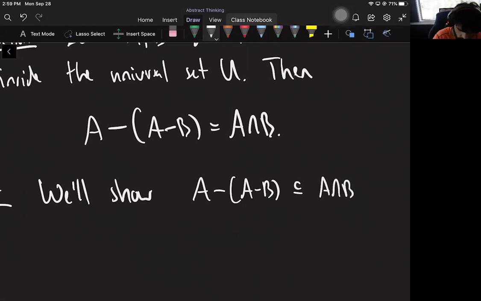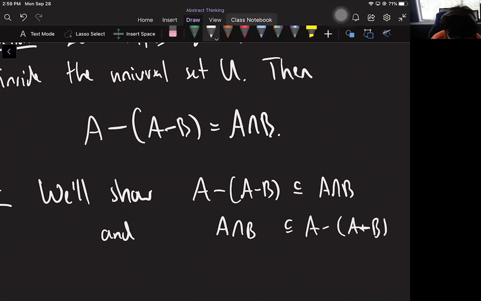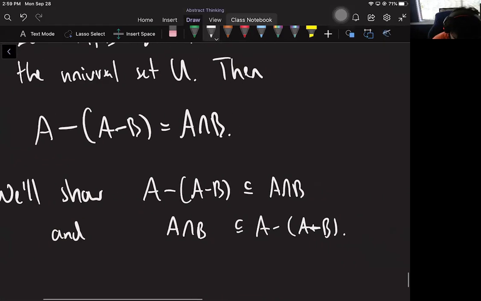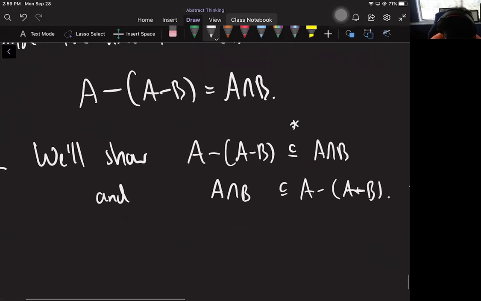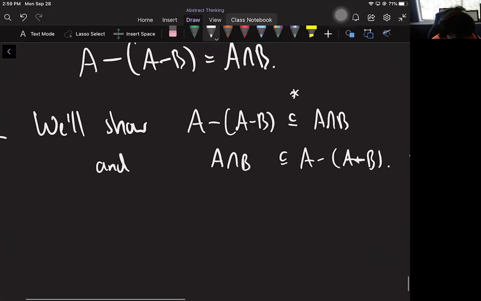So we're going to show this, and we're going to show this. And that's equivalent to the definition of sets being equal, because the first one is just saying the first part of the definition of sets being equal, and the second one is just the second part. So if they are subsets of each other, then they have to be equal. There's no other option.